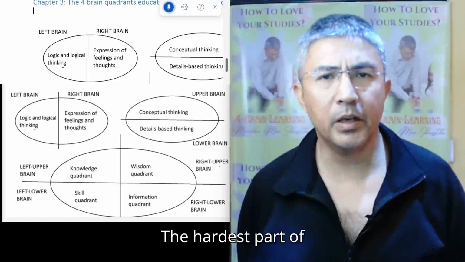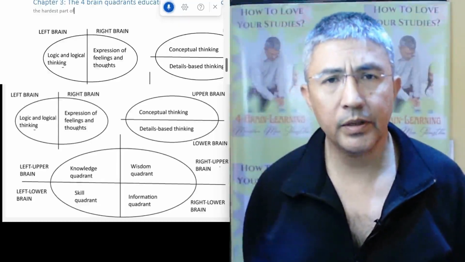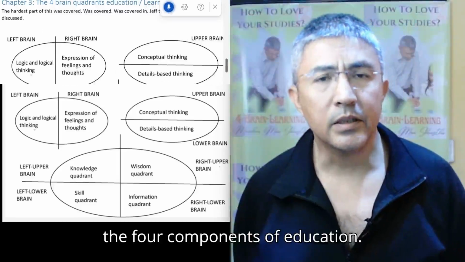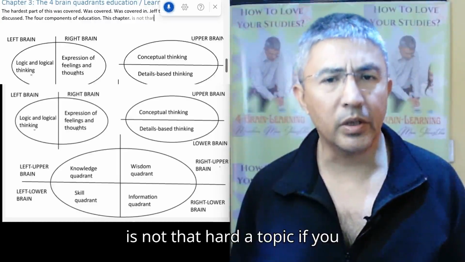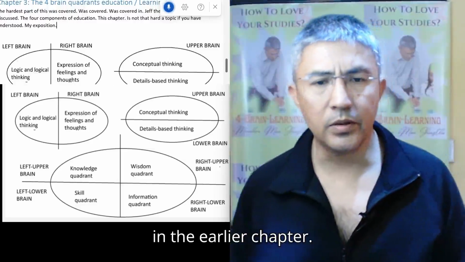The hardest part of this book was covered in chapter 2, when I discussed the four components of education. This chapter is not that hard a topic if you have understood my exposition in the earlier chapter.